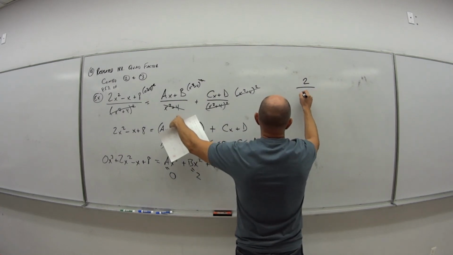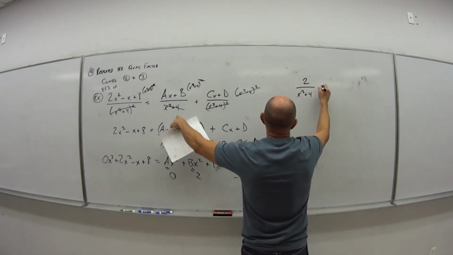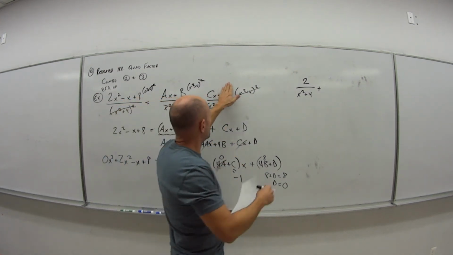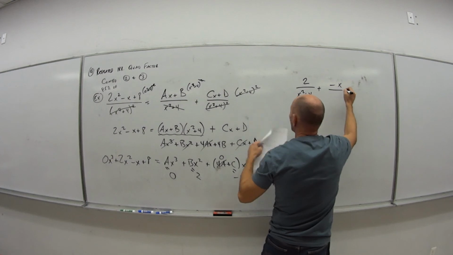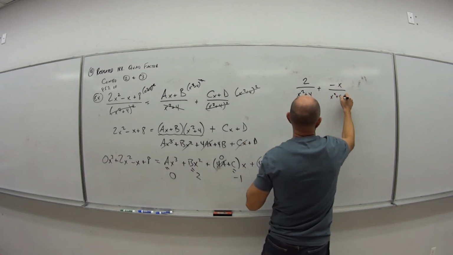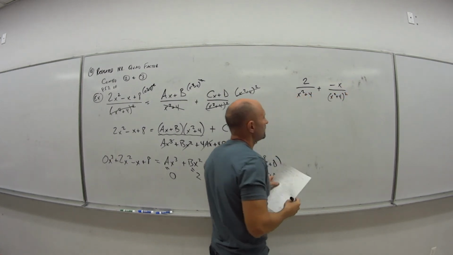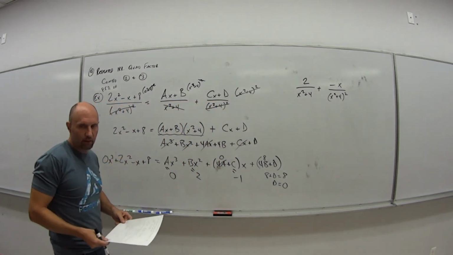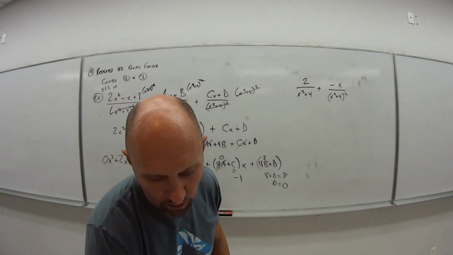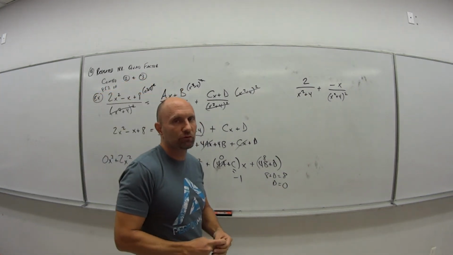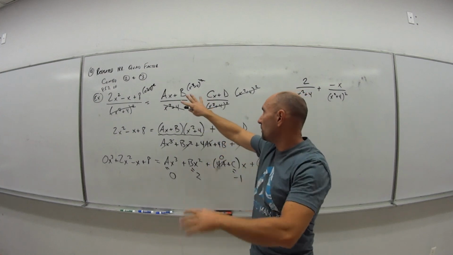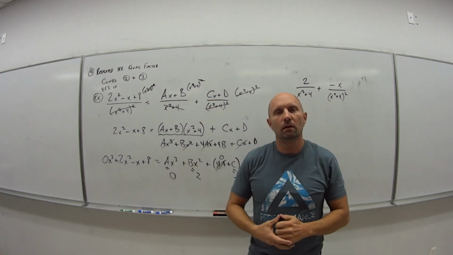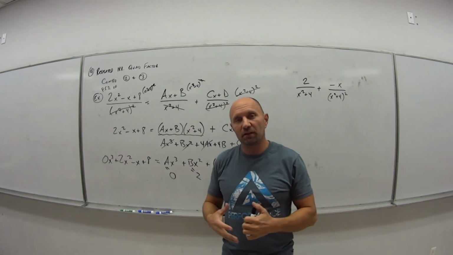So 2 over x squared plus 4, plus C is negative 1, D is 0, so it's just negative x over x squared plus 4 quantity squared. And that's it. So nothing more tricky than that. Once you find the answers for your variable pieces, plug them back into the original decomposition that you had, and there you go.